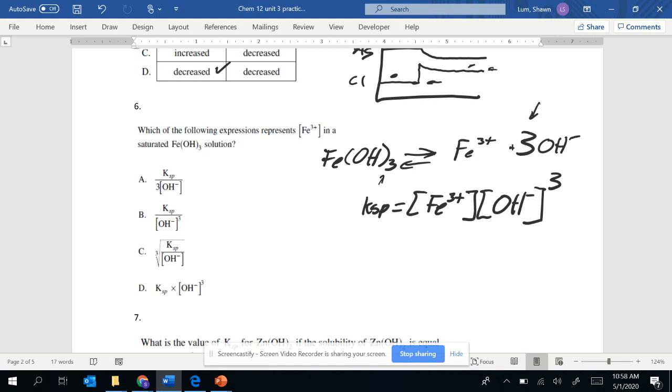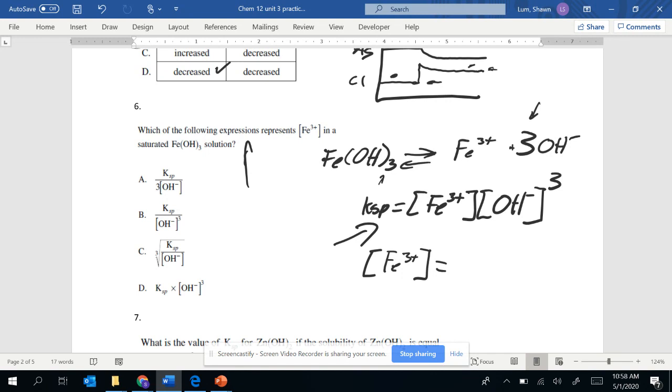Okay, so now we have our Ksp expression right here. But the question is asking which of the following expressions represents Fe3 plus in this. So in other words, what that whole sentence means is: rearrange this formula so that it says the concentration of Fe3 plus equals something. What exactly does it equal?